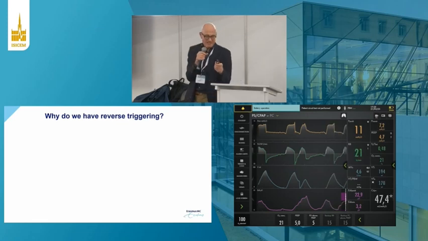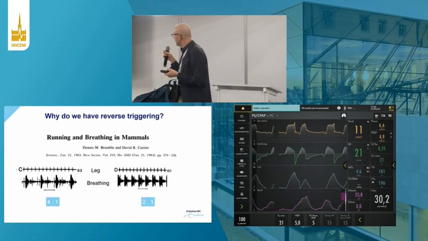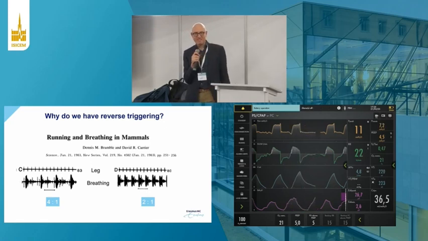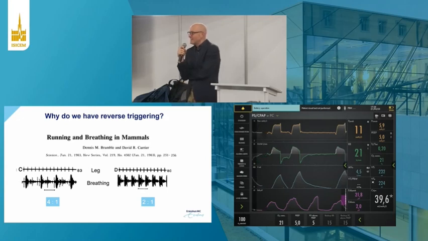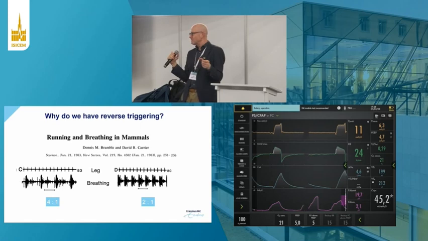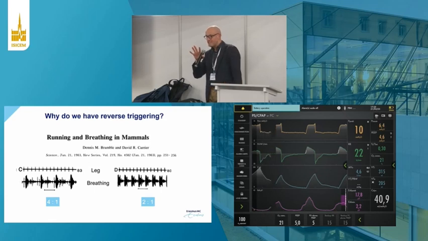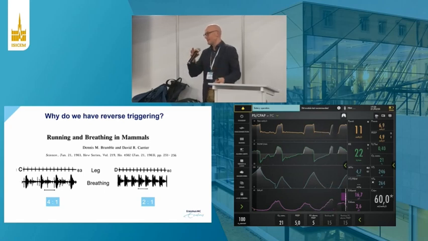I think this is one of the most intriguing papers I read in the last years. It was already published in the 50s in Science. One of the possible reasons is that at the time we were still running out there in the desert, running on 4 feet, it was very important to synchronize your breathing with your running pace.